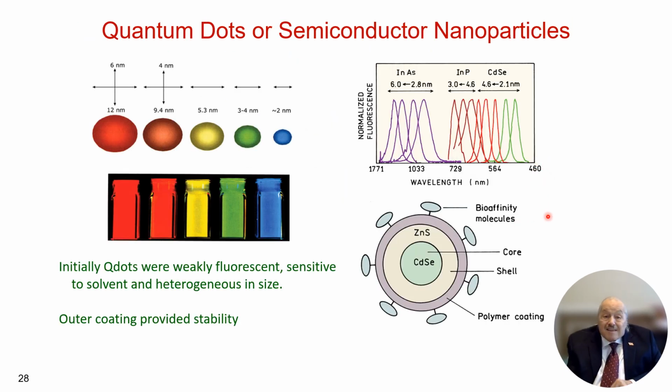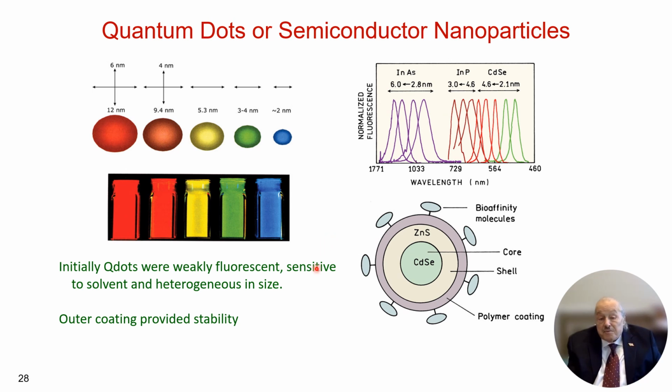This is also very interesting, the quantum dots or the semiconductor nanoparticles. Who would have thought that if you take an inorganic material and you make the particles small enough, they become fluorescent? But that's exactly what happened.